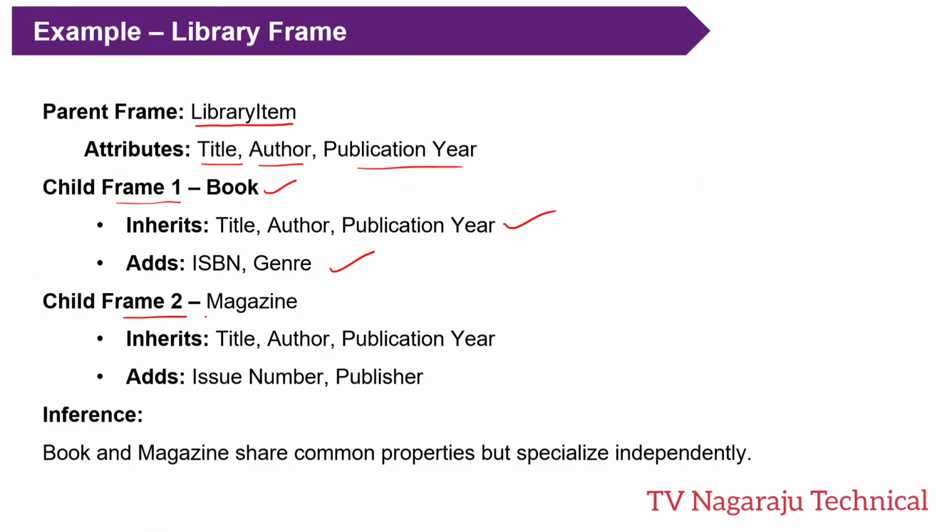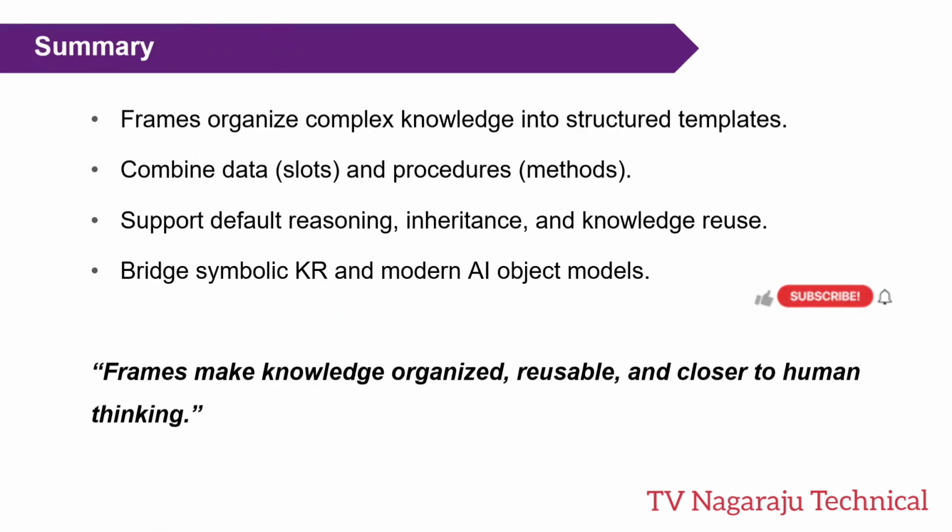Now child frame 2, magazine. It also inherits these properties from the parent, and it adds issue number and publisher. From this, what is the inference we are getting? Book and magazine share common properties, but they also have some specializations. This is the concept of inheritance.